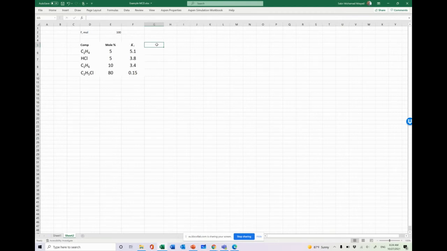So I have to get the relative volatility. First of all, this is my light key, of course, and this is my heavy key. These are light non-key, and this is light non-key.